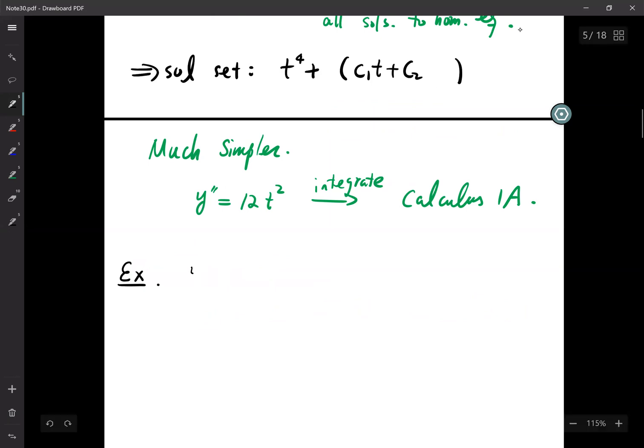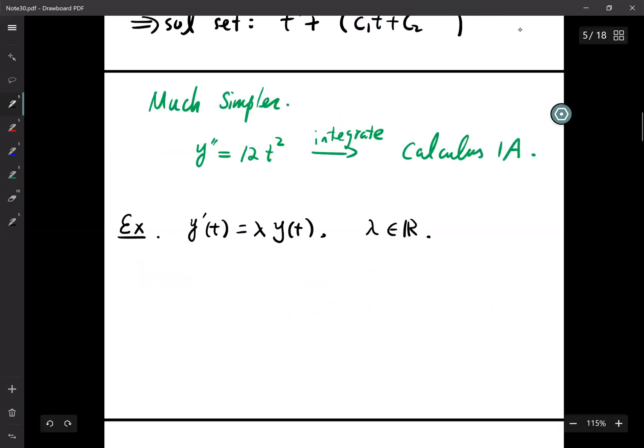So this is y prime (t) equals lambda y(t), where lambda is just some real number. Let's try to solve this. How do I solve this thing? I first realize this requires some guess. I consider this particular function, exponential of minus lambda t times y(t), which is a function of t. I take a derivative of it.